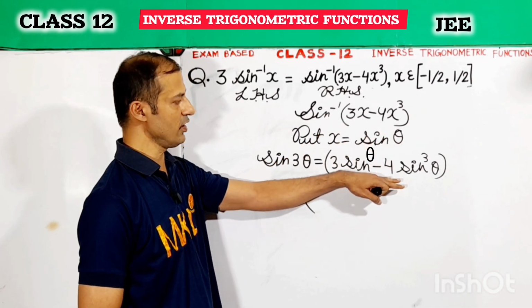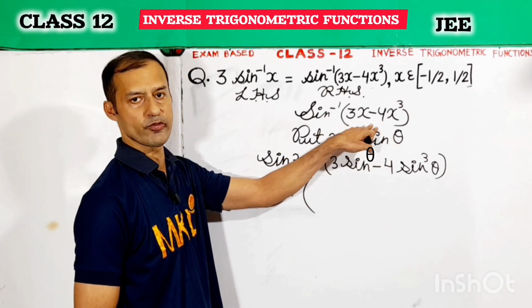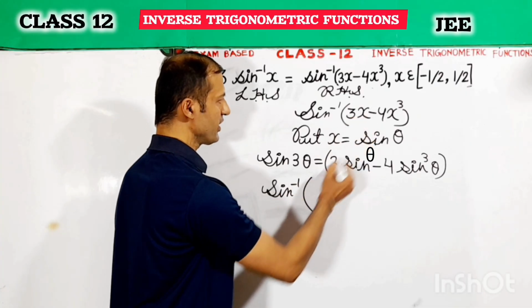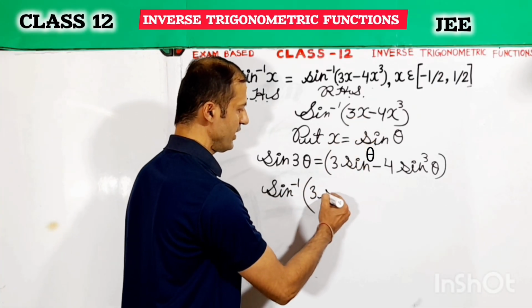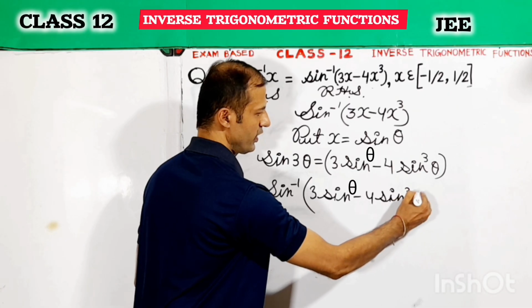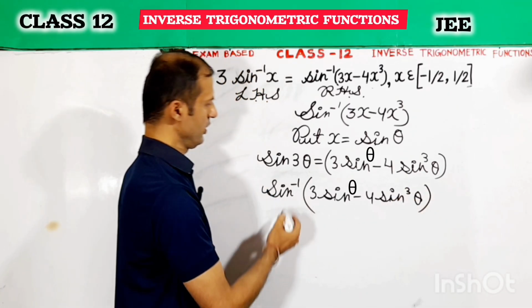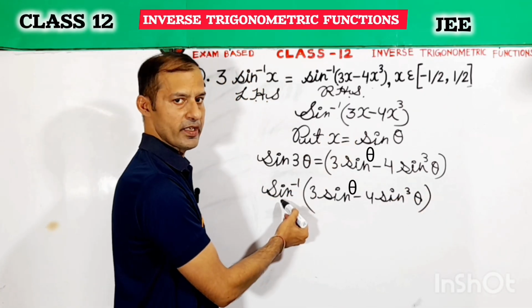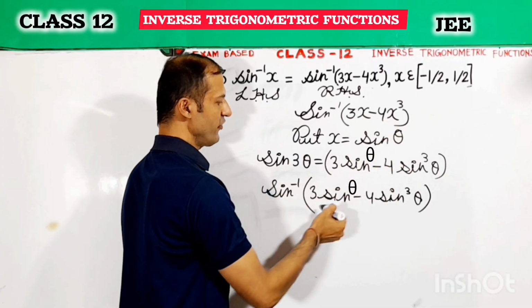We'll keep this formula inside as well. Since it's written 3x, we'll write 3 sine theta minus 4 sine cube theta in place of it.